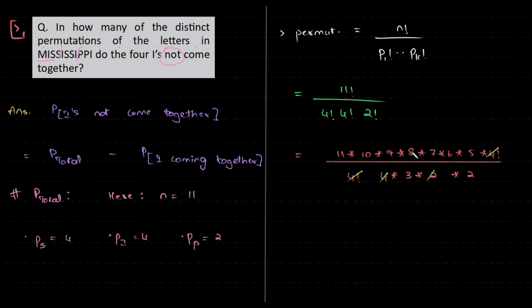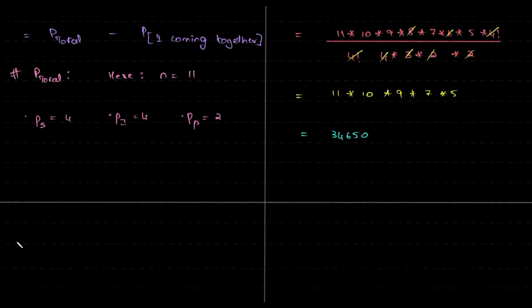Then we have 4 2s are 8, 3 2s are 6, and this I already calculated. So this is 11 into 10 into 9 into 7 into 5. So this results in 34650. Okay, and now we have P of I's coming together.